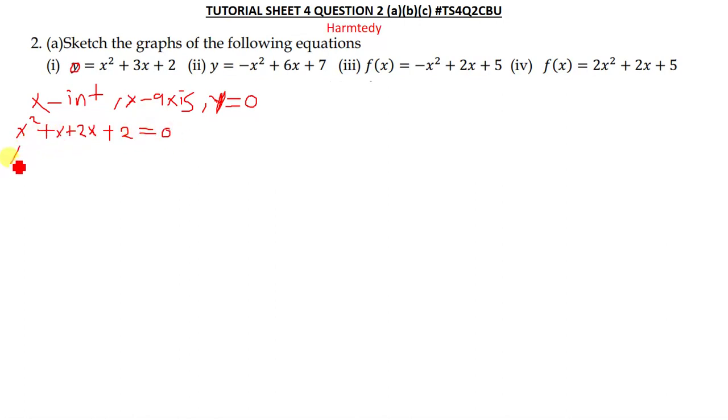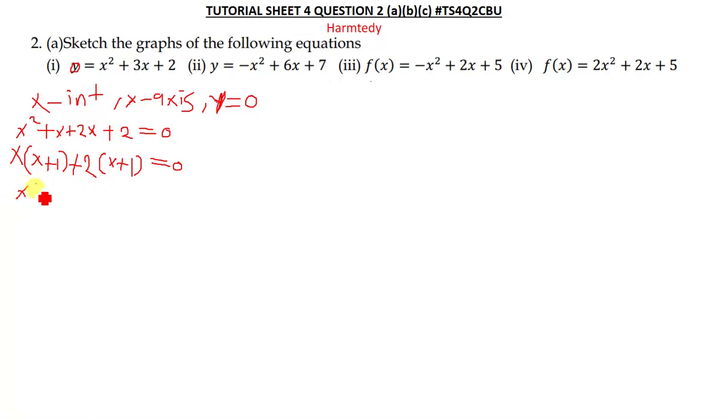Then we factorize: x plus 1 there, then x plus 1 again, is equal to 0.